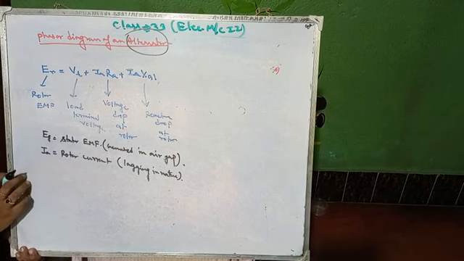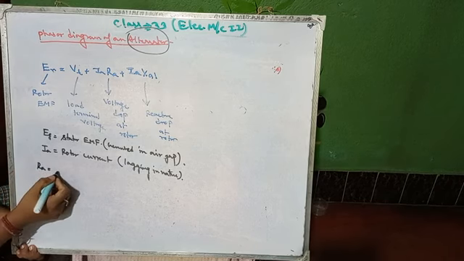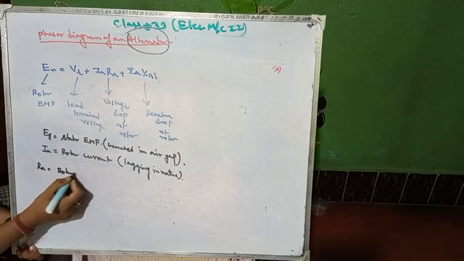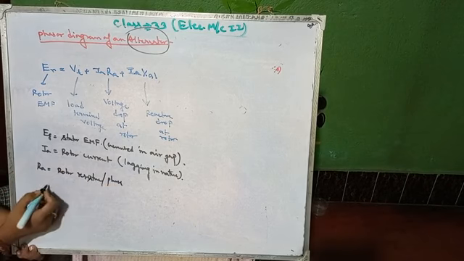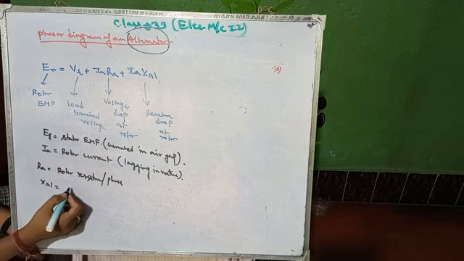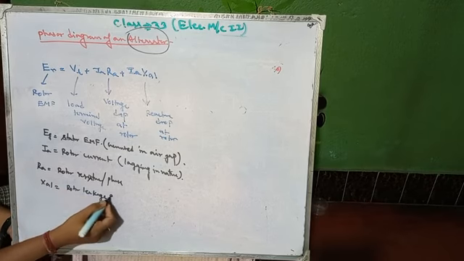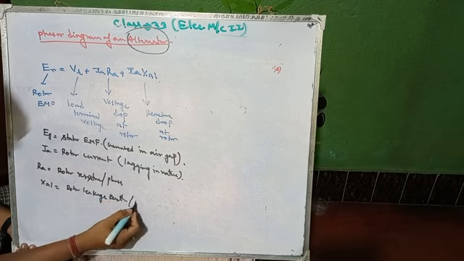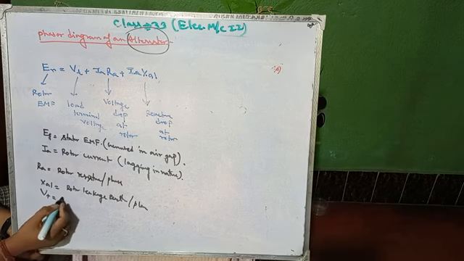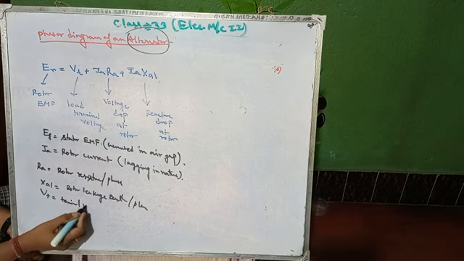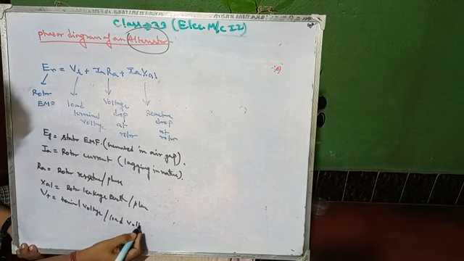Here Ra equals the rotor resistance per phase, XL equals the rotor leakage reactance per phase, and Vt equals, as I have already discussed, the terminal voltage, the load voltage per phase.